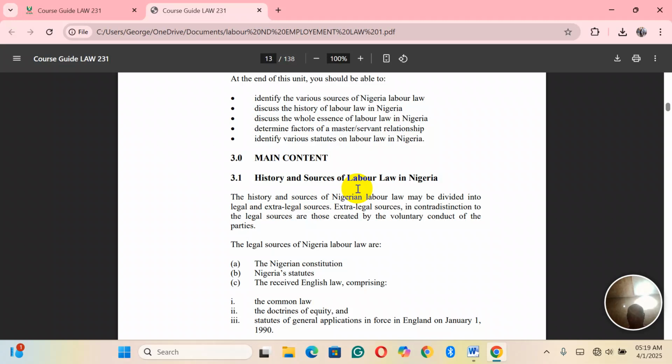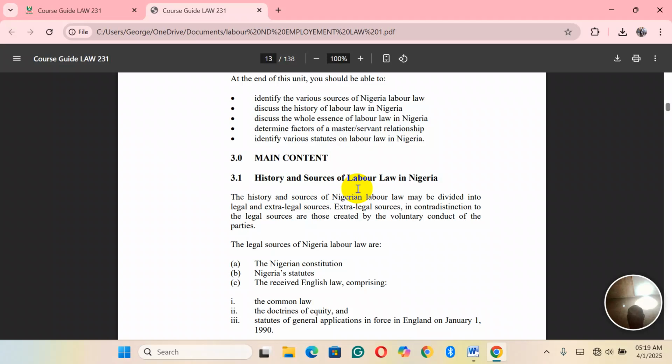The history and sources of labor law in Nigeria may be divided into legal and extra-legal sources. Extra-legal sources, in contradistinction to the legal sources, are those created by the voluntary conduct of the parties.